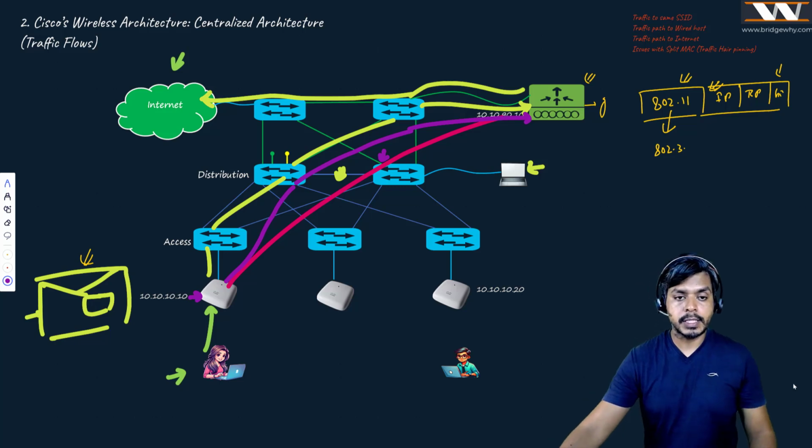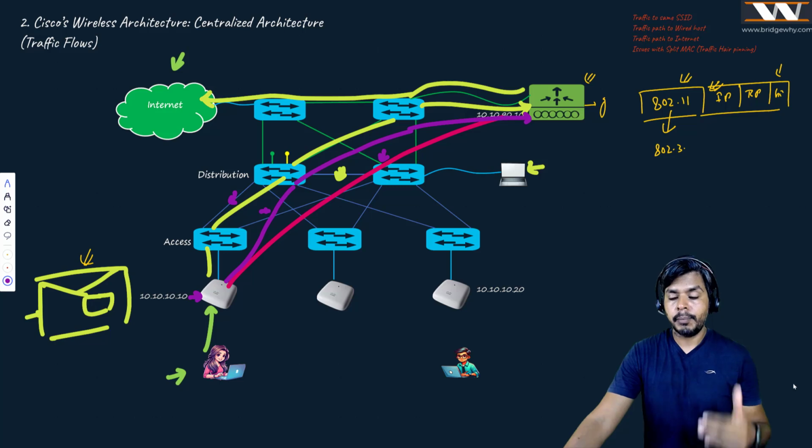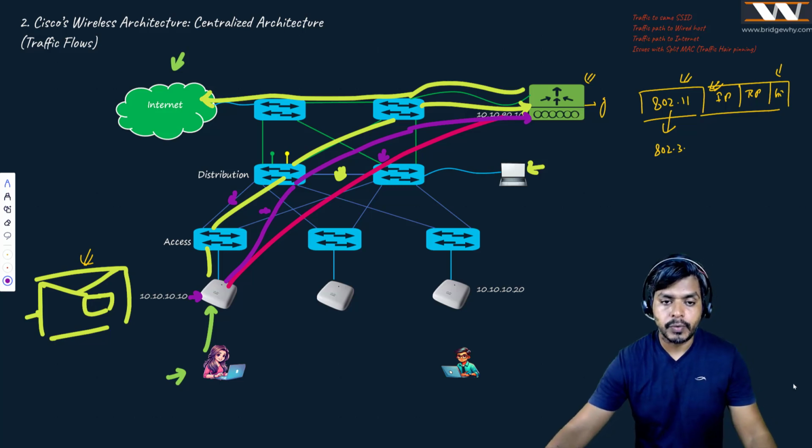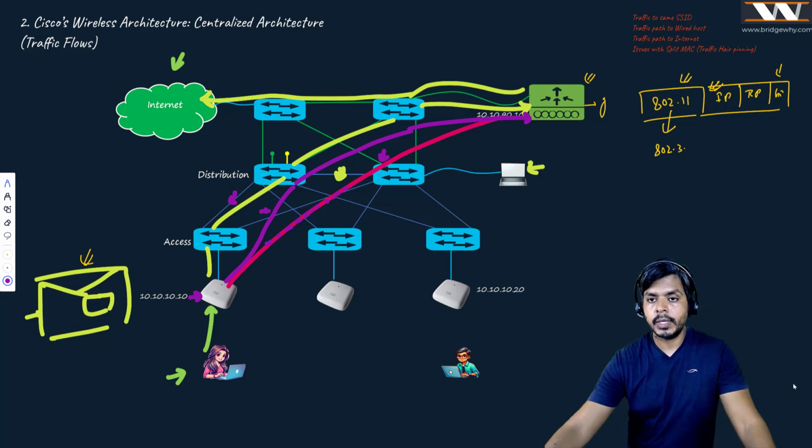Although with this green and this magenta I am showing you the actual data path, generally people say it is going over this tunnel, the CAPWAP one. Once it reaches here, the WLC is going to convert it into 802.3 and send it back over the wired network from here to here and right here.